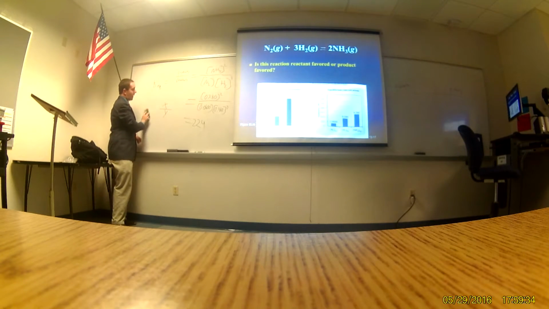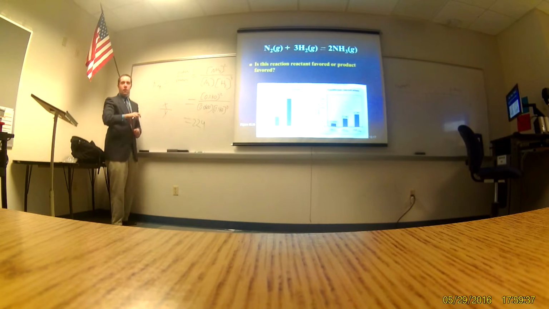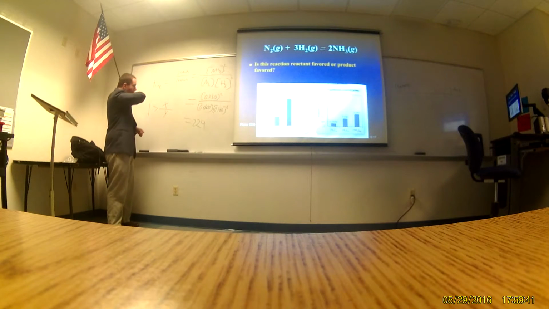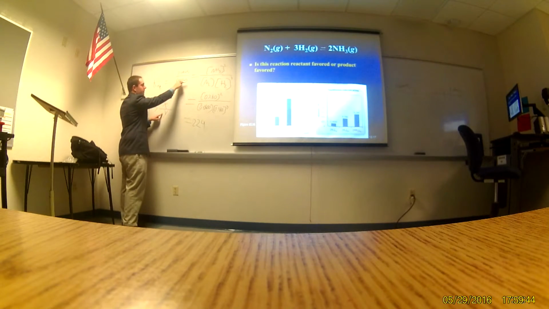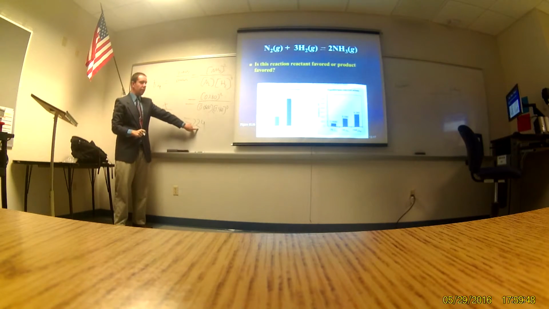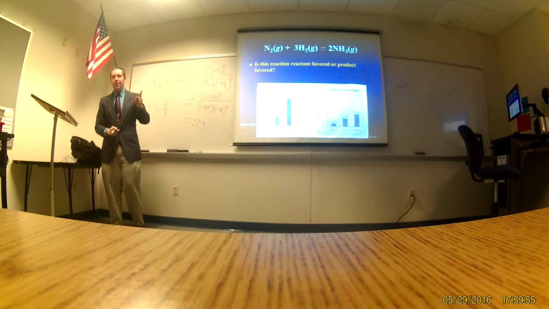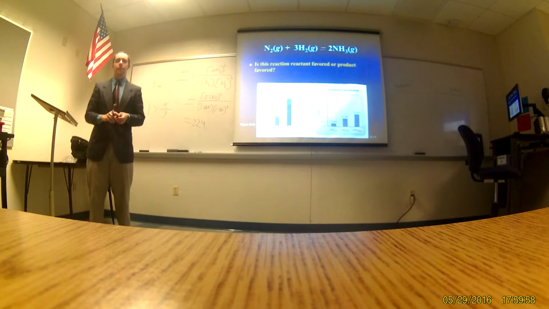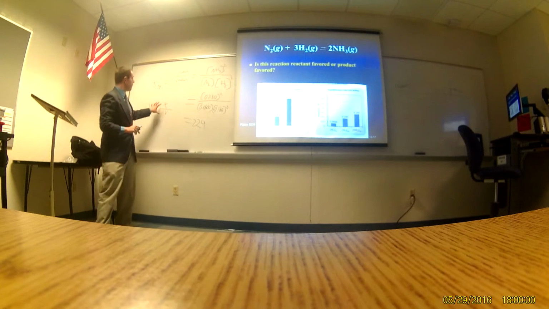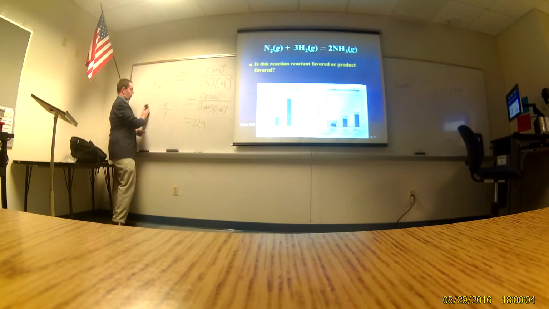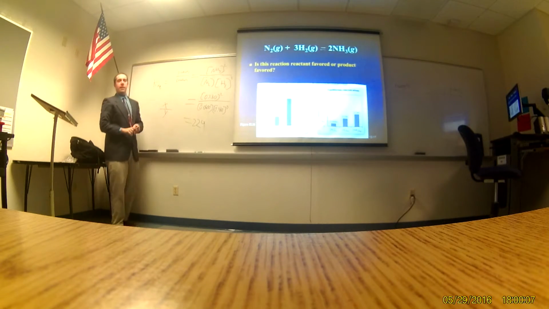What happens if y is bigger than x? It's less than 1. This means the reactants are bigger, so it's reactant favored. This number will be less than 1. What happens if that value is exactly 1? What does it tell you about this fraction? The top and the bottom are the same.